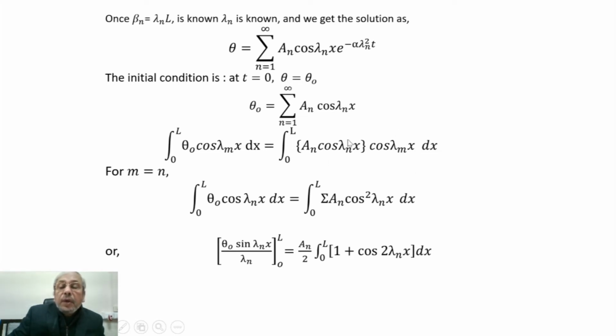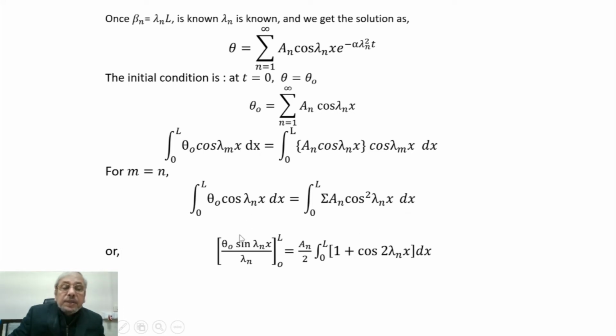Otherwise, when m not equal to n, this will produce 0. So we can write integral 0 to L theta naught cos lambda n x dx equal to integral 0 to L summation a n cos square lambda n x dx.